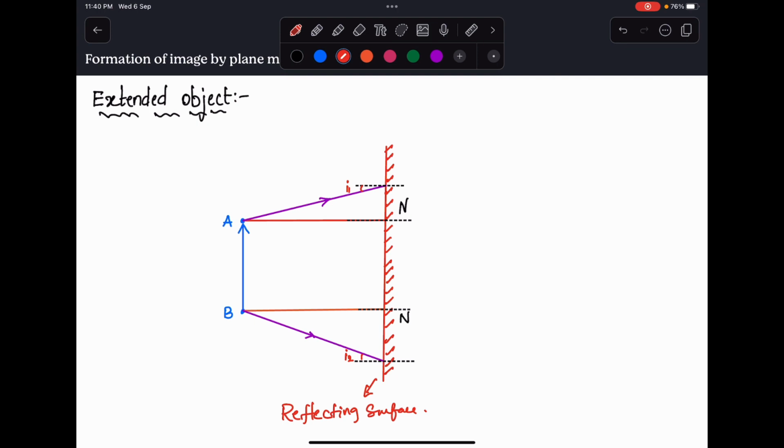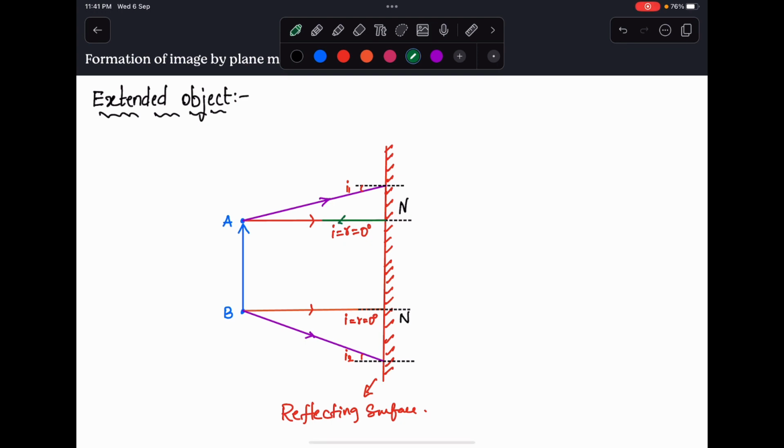Sir, what about the reflected rays or angles of incidence for the light rays incident straight, sir, this one? As they are incident on the normal, the angle of incidence is equal to the angle of reflection, which is equal to 0 degrees, and here also i is equal to r is equal to 0 degrees. So they retrace the same original path behind.